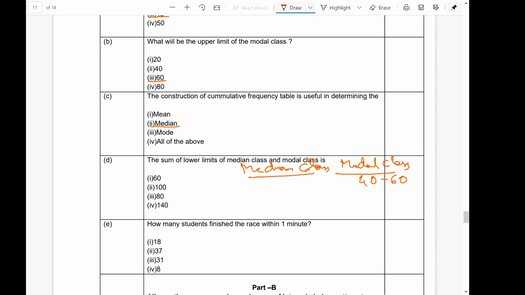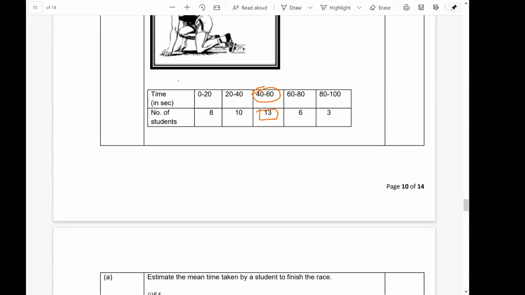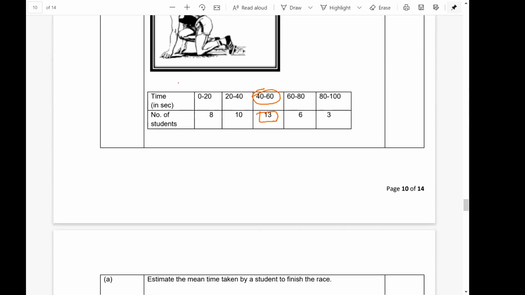For the median class, we need to write the cumulative frequency. So the cumulative frequencies are 8, then 8 plus 10, 18, then 18 plus 13, 31, plus 6, 37, plus 3, 40.